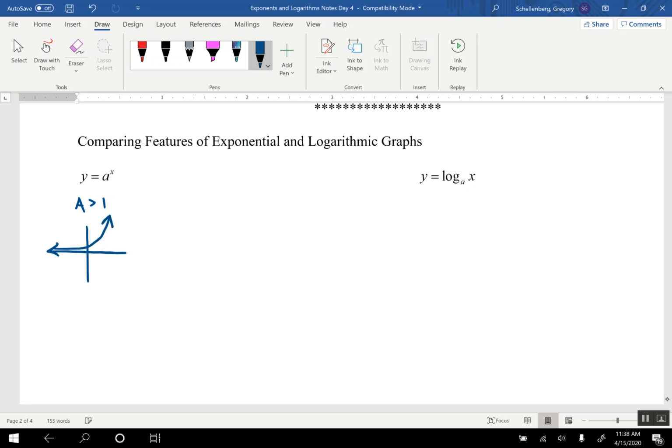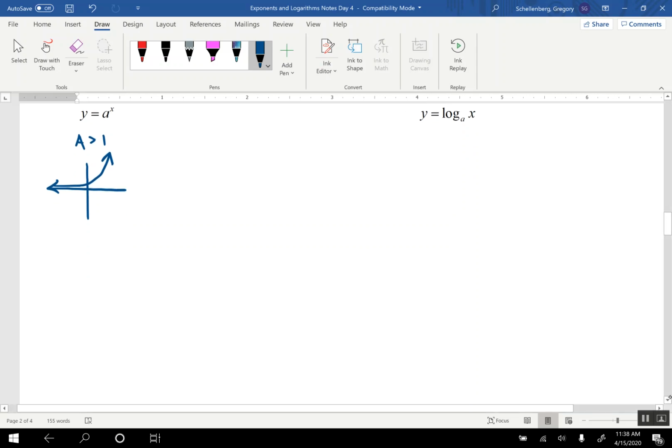See a lot of these on the news lately. The domain is all real numbers.